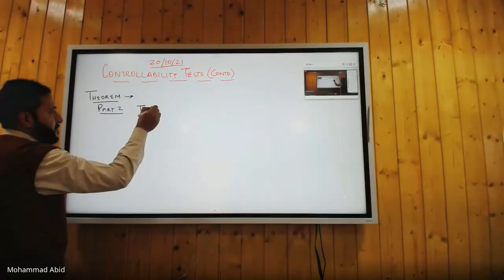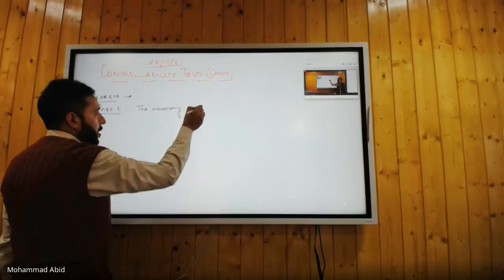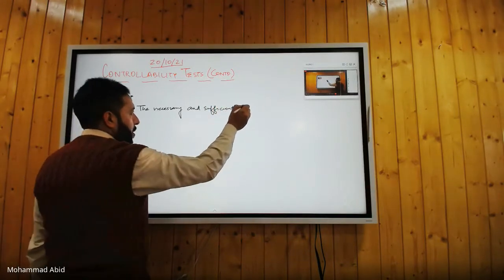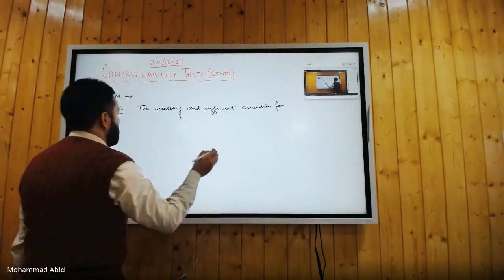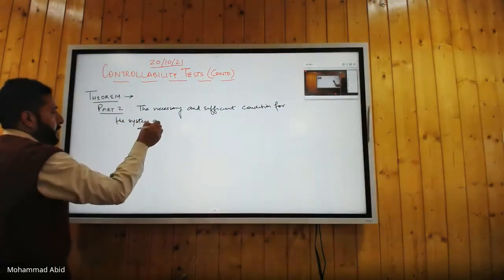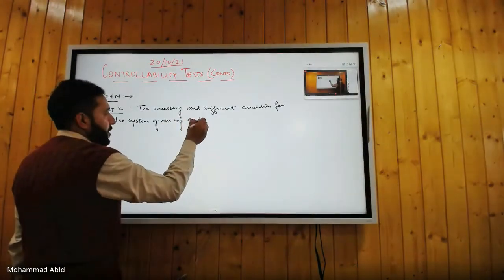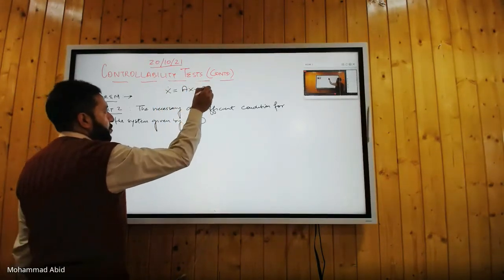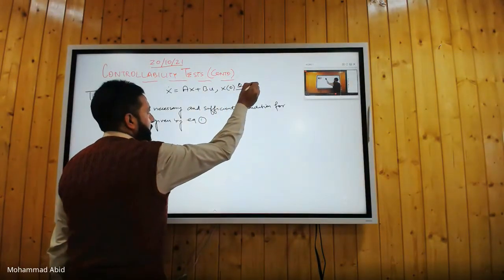The necessary and sufficient condition for the system given by equation 1. What is equation 1? Equation 1 is x dot equal to Ax plus Bu, where x(0) is defined as x0.